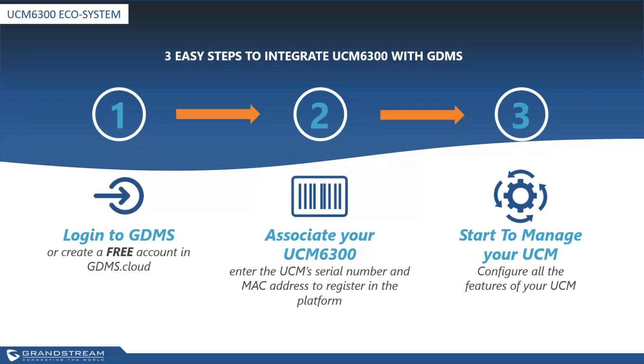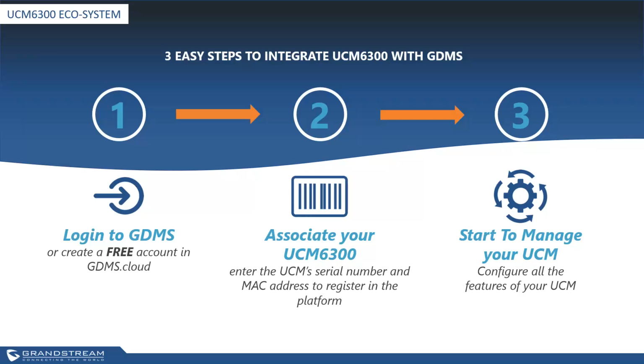There are 3 easy steps involved to integrate or add your UCM 6300 to your GDMS account. So if you already have an account, you just add the device. If you don't, you can go to gdms.cloud and you can sign up for a free account. It's a free service, and you can add the UCM.